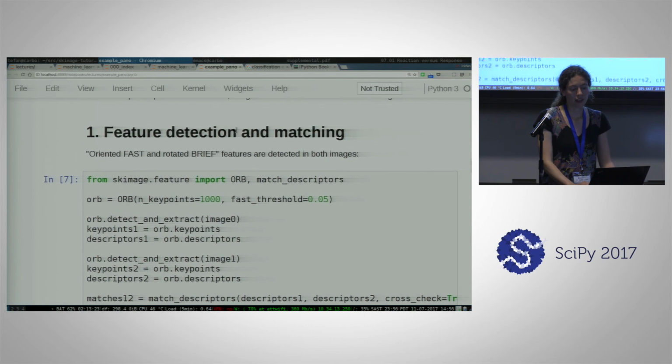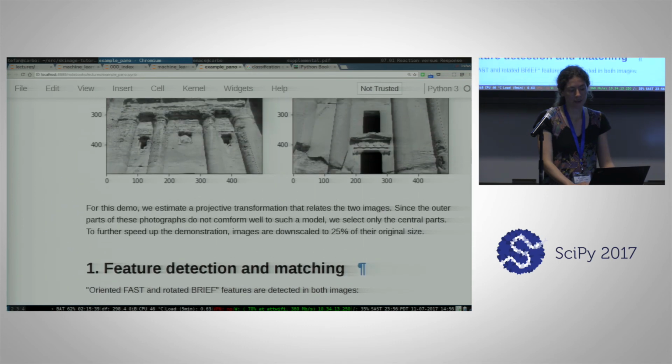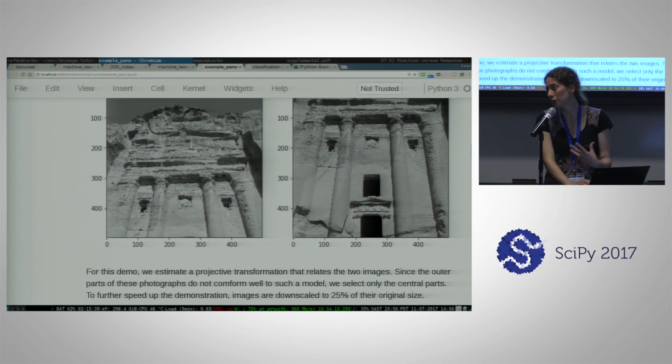These are descriptors that are both scale and rotation invariant, because say that you want to detect, for example, the edge of the window here in the different images, they don't have exactly the same scale. They were maybe slightly rotated. So you need descriptors of your image that are both rotation and scale invariant.